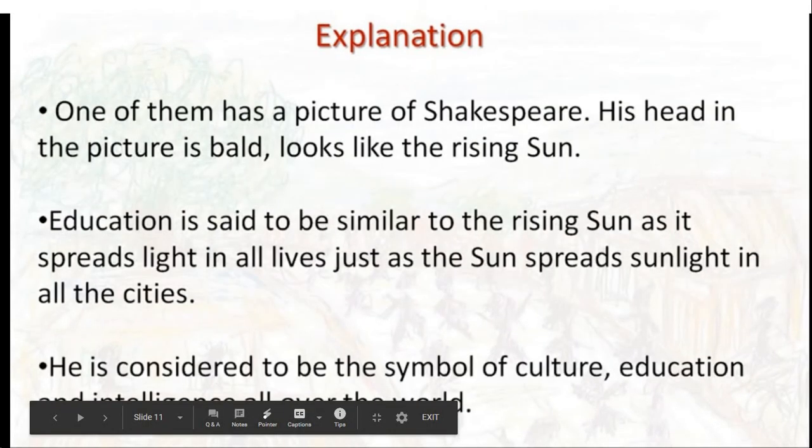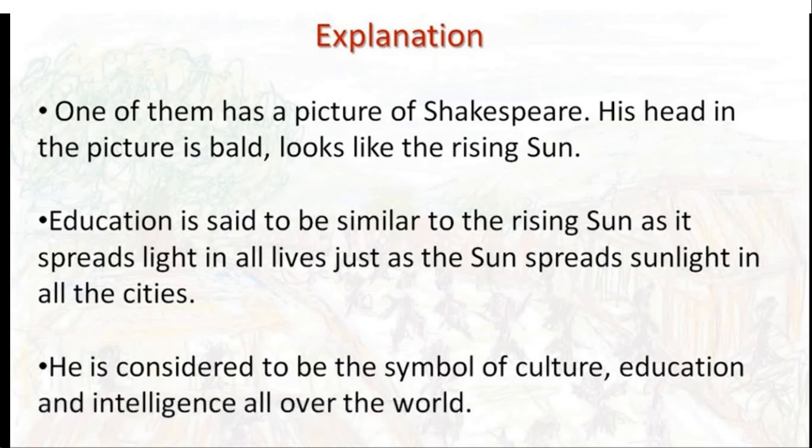Now, the first picture is of Shakespeare, and his head in the picture is bald, and this bald head of Shakespeare looks like the rising sun. Now, this picture actually is used ironically here.